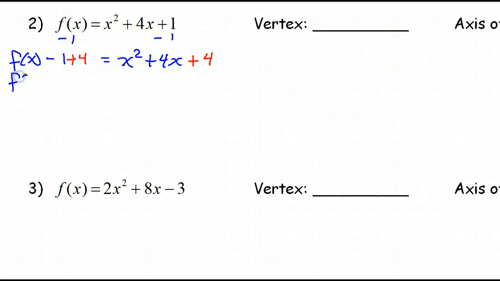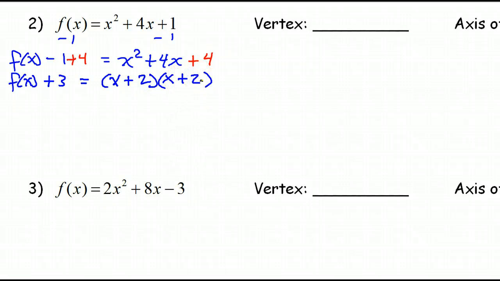So that's going to give me f of x plus 3, just putting those together, is equal to. Now let's go ahead and factor this. This will always factor as the same thing twice. So this will be x plus 2 times x plus 2.